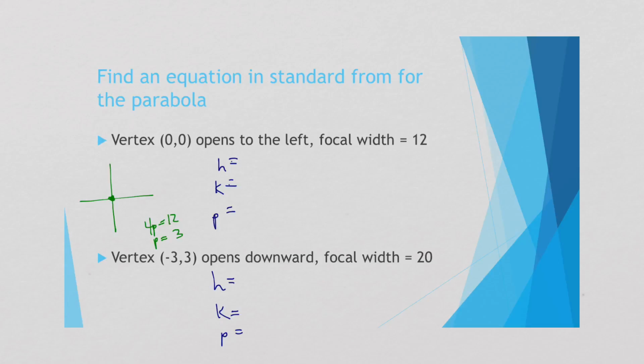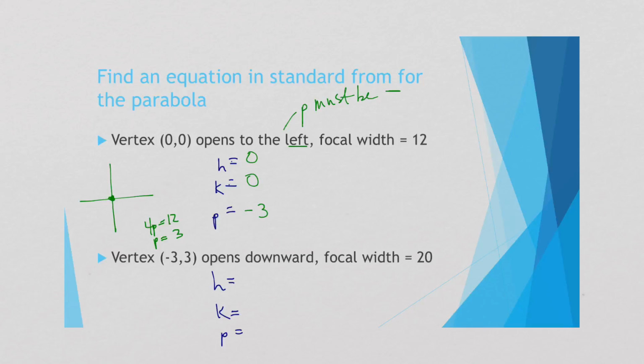Now for this first one, graph not necessarily so helpful. I got my vertex, which is 0, 0. It's telling me it's opening to the left, which means p must be negative. So focal width is 12. So over here you can see 4p equals 12, means p must be 3. But I said p has to be negative, so p is negative 3.